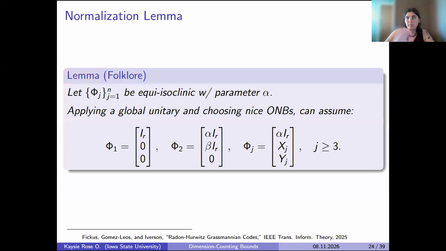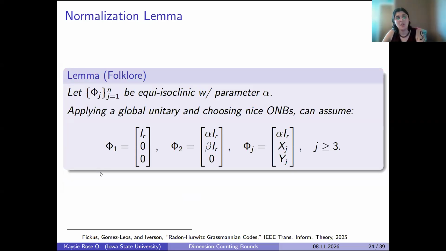And the way we're going to solve it is this classic normalization lemma. Basically, you give me an equi-isoclinic sequence, spinning it isn't going to cause any issues. It's not going to change the angle. Likewise, choosing new orthonormal bases for the same subspace isn't going to mess anything up.